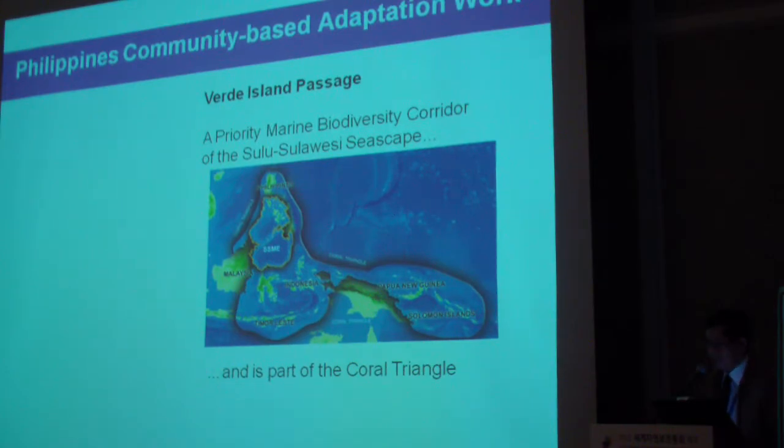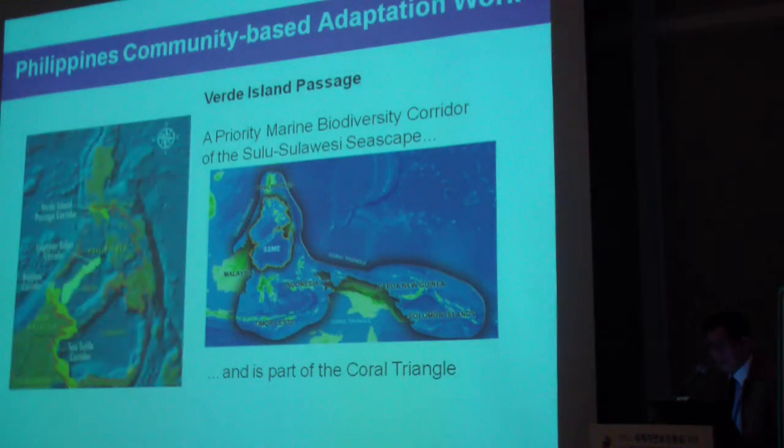The Sulu-Sulawesi Seascape is part of a larger area, the Coral Triangle, which is composed of Malaysia, Indonesia, Timor-Leste, Papua New Guinea, and the Solomon Islands, and the Philippines is at the top of that triangle. The triangle is considered the richest marine fishing ground anywhere on the planet. It's like the Amazon of the seas.